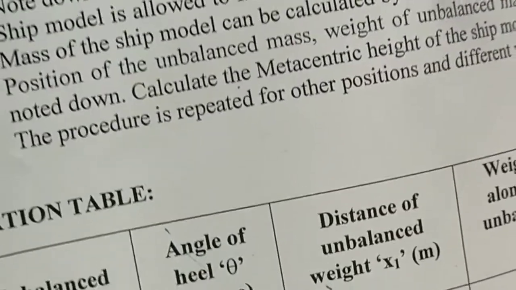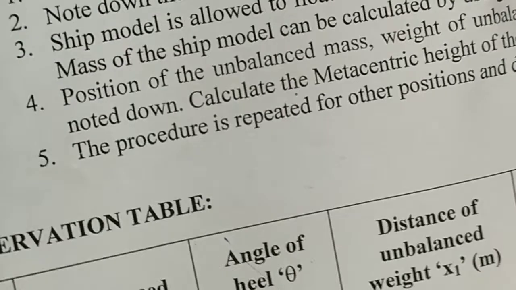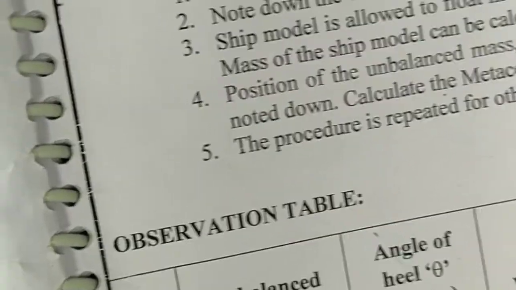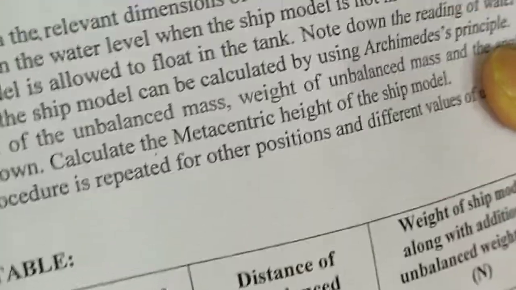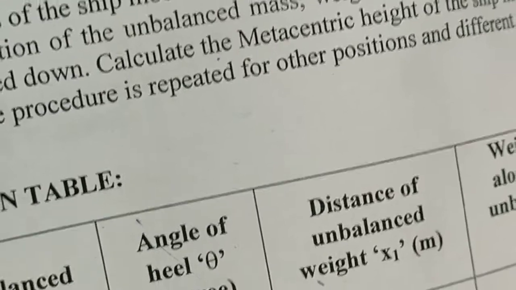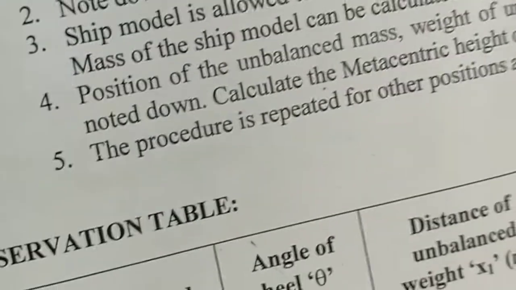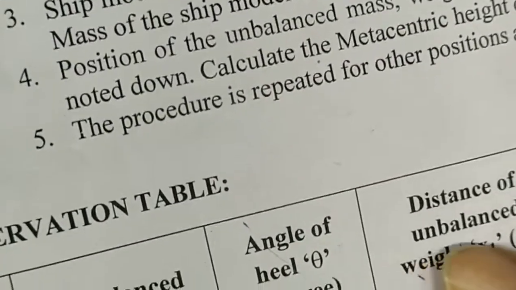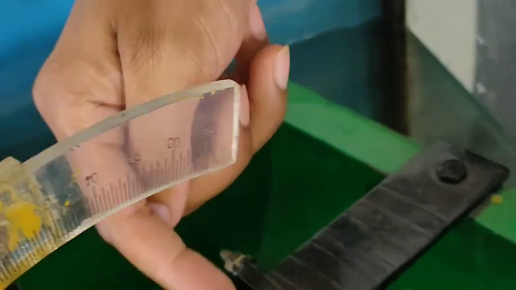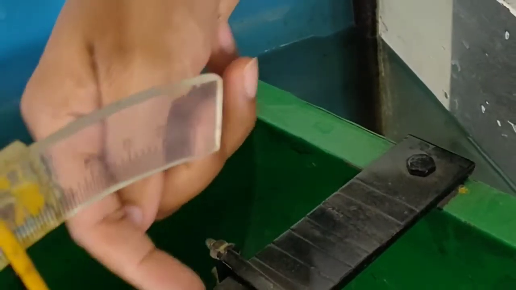The unbalanced weight we put over here is half kg, but this is in Newton, so we have to multiply by 9.8 to find the weight. And the distance of the unbalanced weight, x1, is here 8 centimeter.